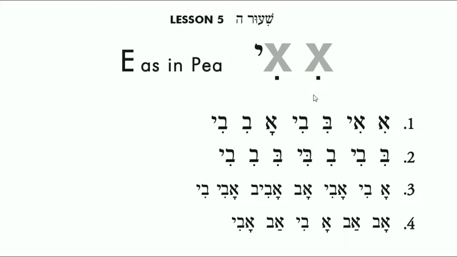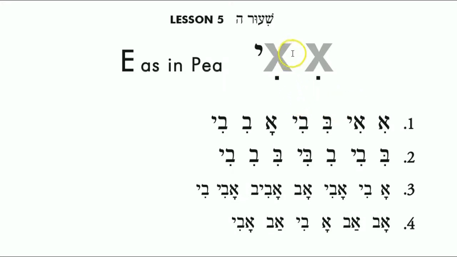The chirik is the sound E, as in P-E, or like family. You see the Y at the end of family has the E sound as well.